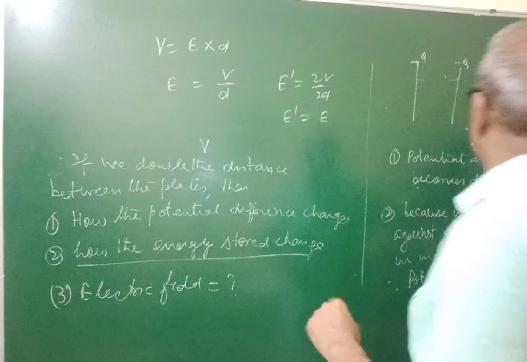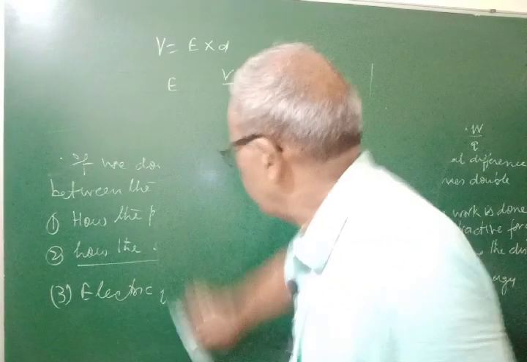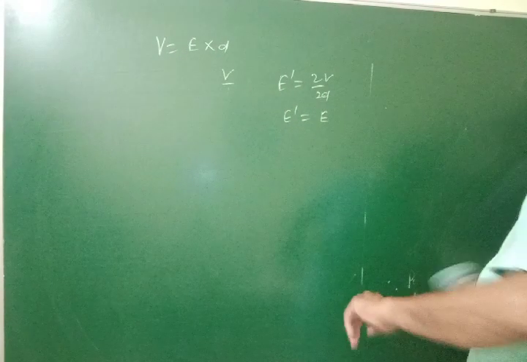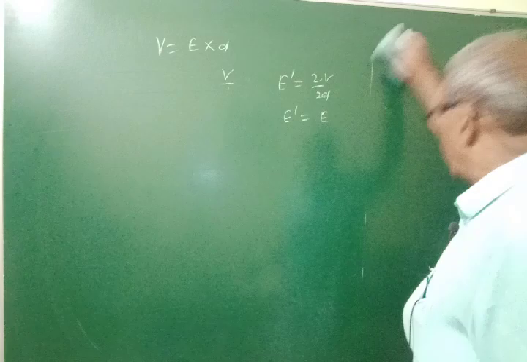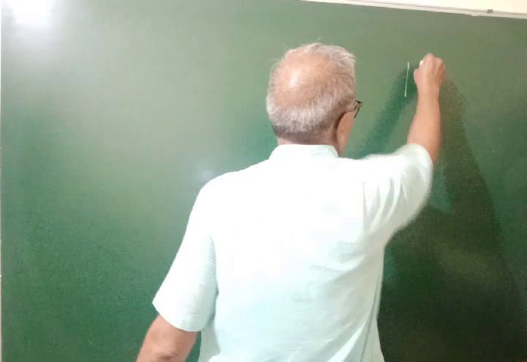Now, one more question that is also from NCERT. Actually, in the board exam, questions on this topic will be hardly of 2 or 3 marks, and such easy questions are asked. Here is a capacitor.